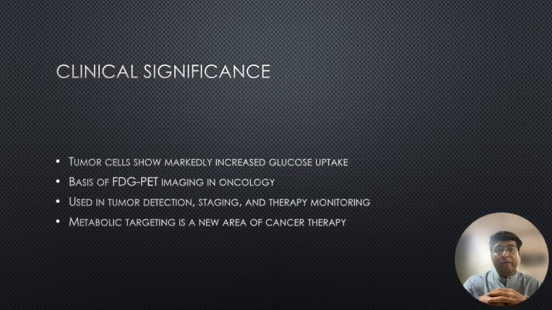And again, the acidic environment due to the excess lactate production is another metabolic target, and this is a new era for cancer therapy. So you should know all those basic concepts, and we will discuss further in our upcoming videos more about the characteristics of the neoplastic cell.